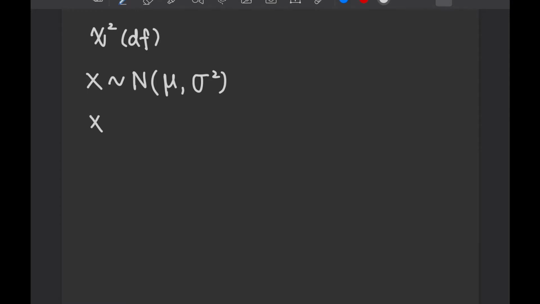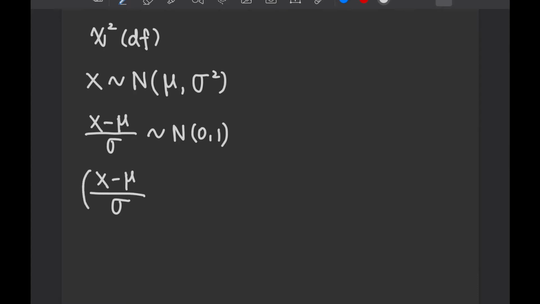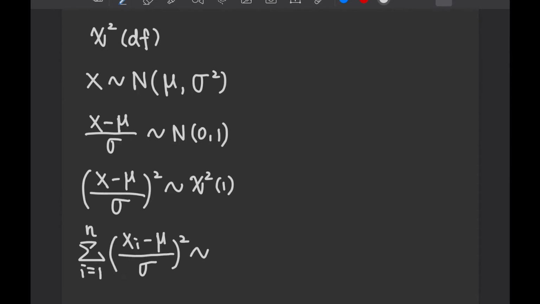Then x minus mu divided by sigma follows the standard normal, alright? Then the square of this expression follows a chi-square distribution with a degree of freedom 1. And if you have n of them summed up, then you have a chi-square distribution with a degree of freedom n.